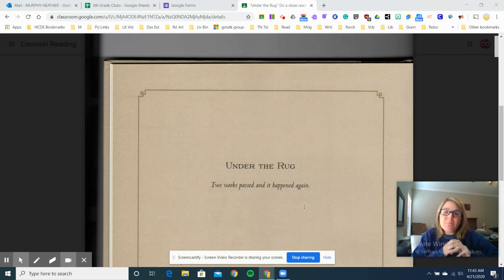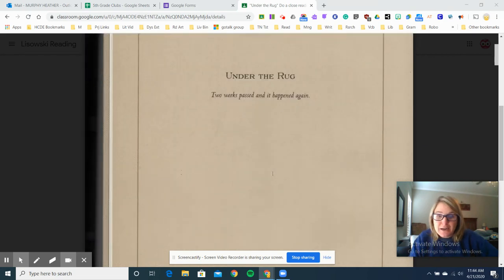Another thing that we asked you to do was to think about word choice and figurative language and how that helped you understand the tone of the story. This is a very lighthearted, funny sort of story. When John Scieszka wrote this, he was kind of exaggerating what can happen if you don't listen to someone and follow their good advice.